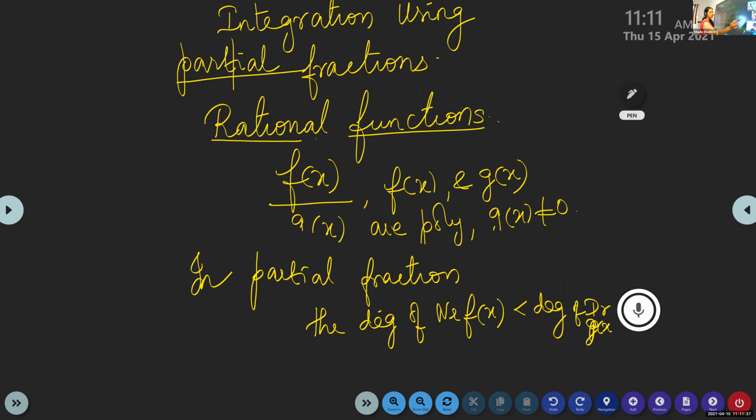If this condition is true, we can solve it by using partial fractions.